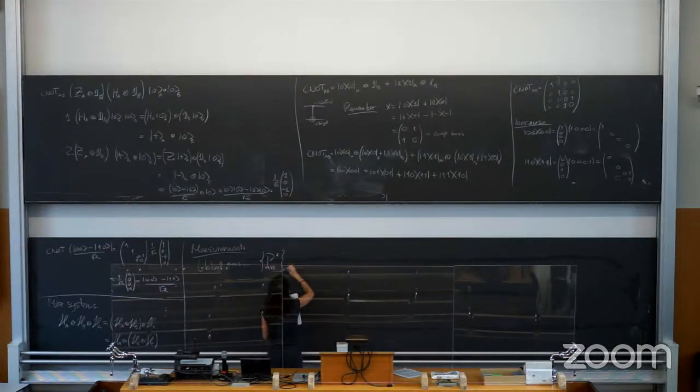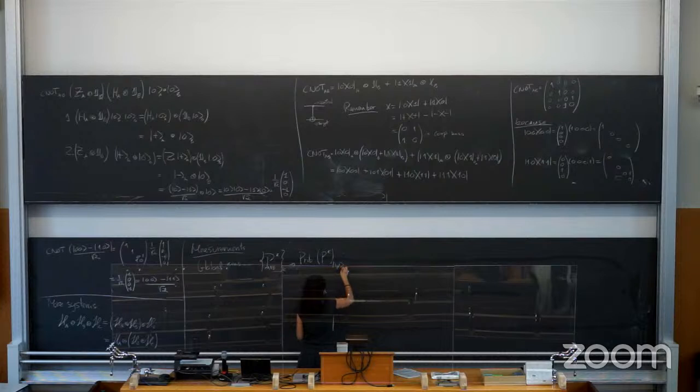The probability of getting the outcome K on some joint state AB, you just take AB as if it was a single system and you just do this, the same thing.